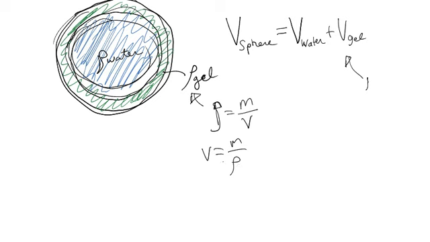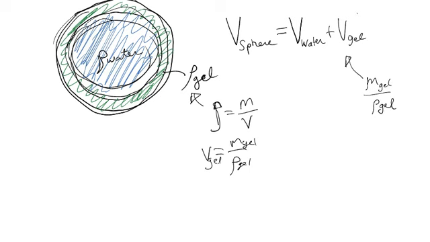So we know we're talking about gel, we can put little gel here, gel here, gel here. And we know that V gel is equal to M gel over rho gel.